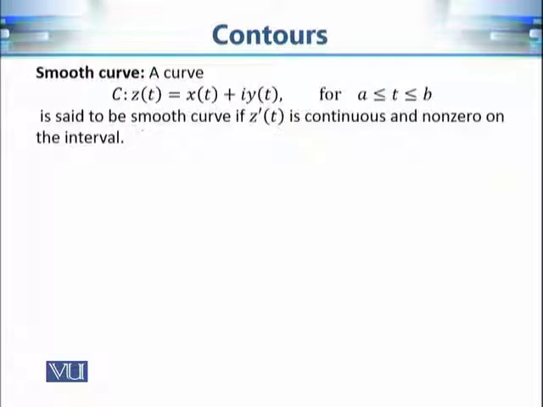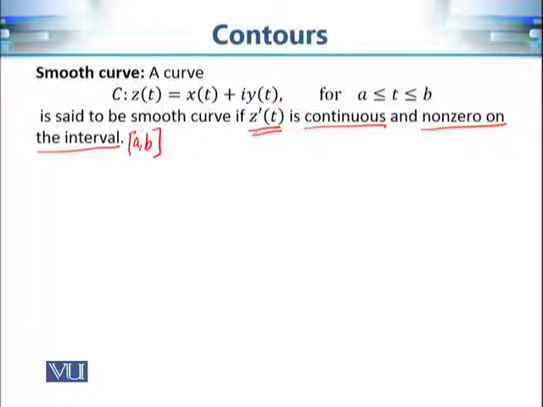Now let's move on to our next terminology, which is the smooth curve. All of these terminologies are needed to define the term contour. A curve is said to be smooth if z prime of t is continuous and non-zero on the interval, of course, interval a, b.